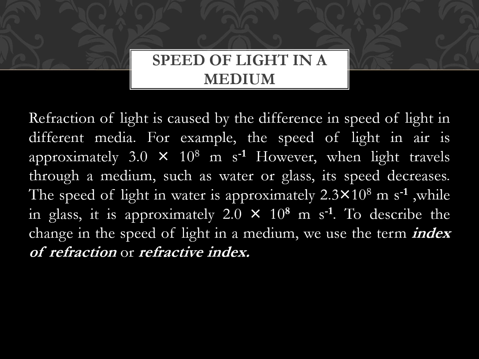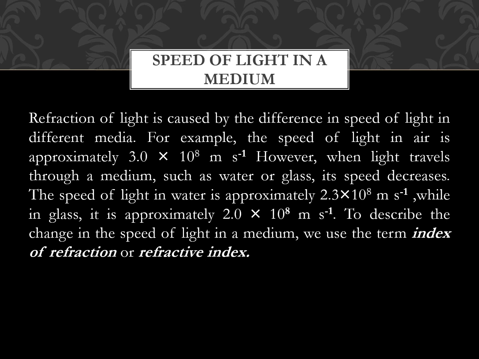For example, the speed of light in air is approximately 3 into 10 raised to power 8 meters per second. However, when the light travels through a medium such as water or glass, its speed decreases. Why does its speed decrease? Because the number of collisions increases. So that is why its speed decreases.